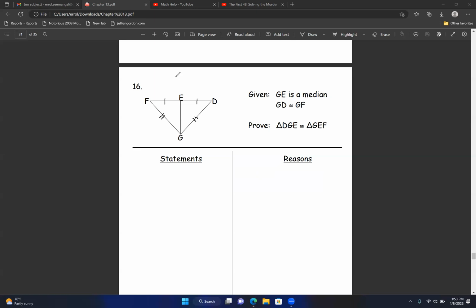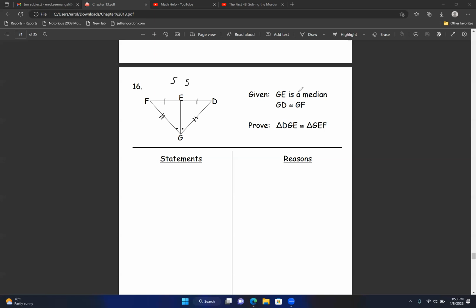Is it SAS? Where would the A be? On the G? You mean this angle and this angle? Yeah. Why would that be?